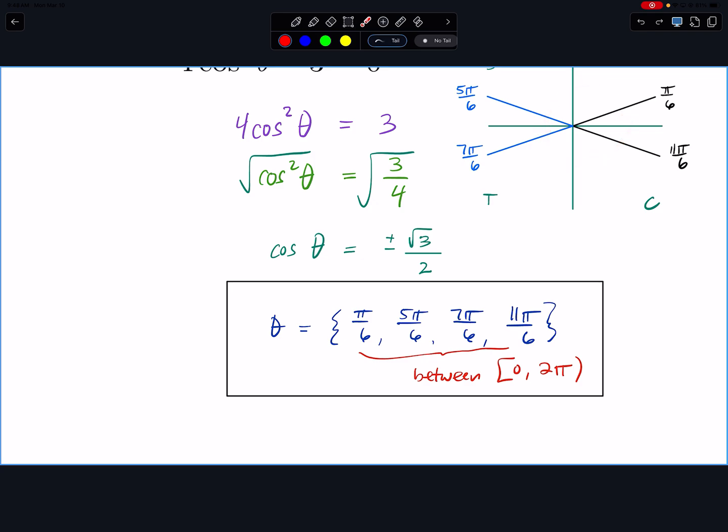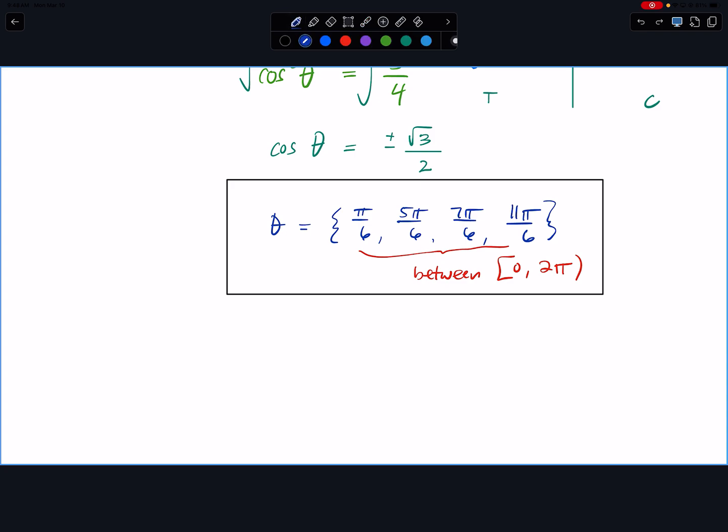So what I could do then instead is say my solution set is going to be pi over 6 plus pi, plus pi, plus pi. And then I could jump back and forth between multiples of those answers. Same thing here, how far apart are those angles? Pi. Does that make sense? So sometimes it's really smart to draw a picture because then geometrically you guys can see how far apart they are. These are pi apart, and so therefore I could write that in a nice way, okay?